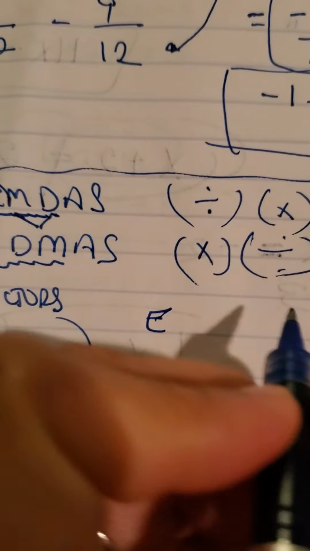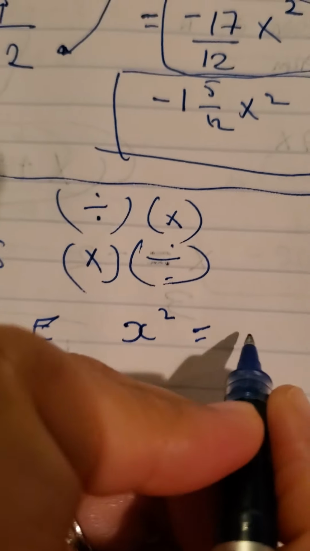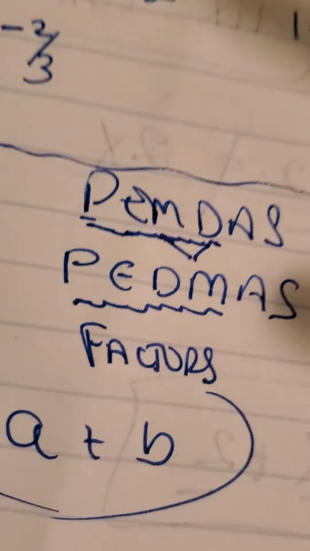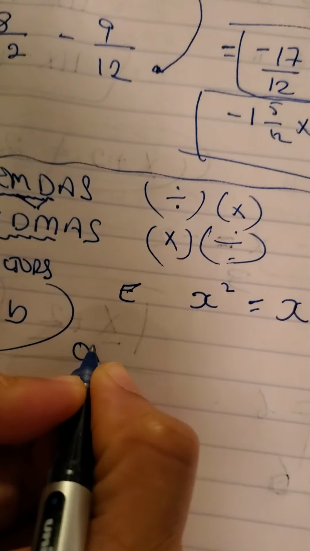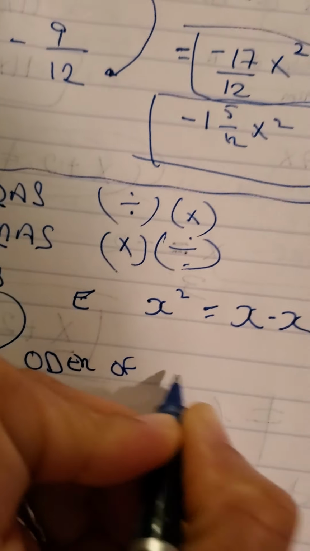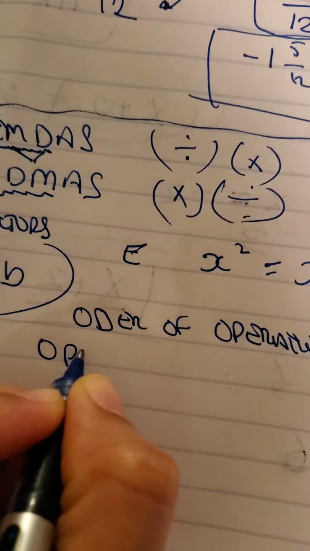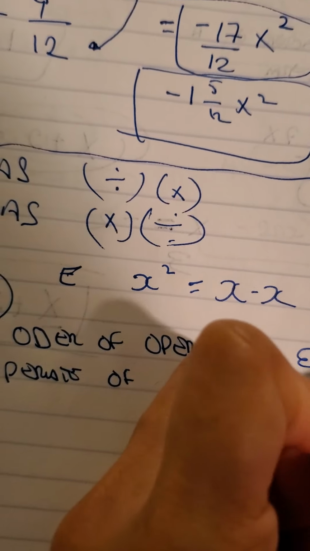Exponents simply mean that if we have x squared, I have two factors of x. This is x times x. So again, it's a factor. Division, you have to use factors to divide. Multiplication, you have to use factors to multiply. And addition and subtraction are terms. So basically, what you need to remember for order of operation is that you operate on factors first, then terms, especially for expressions.